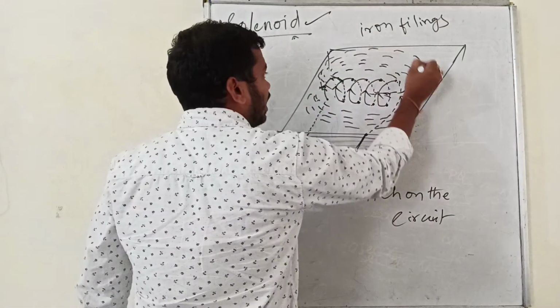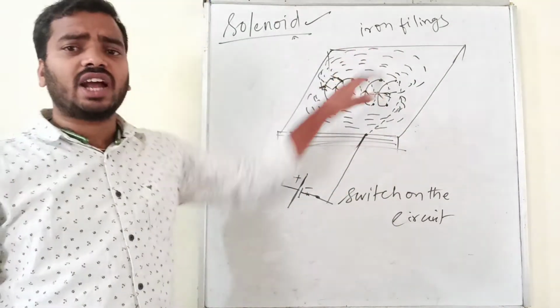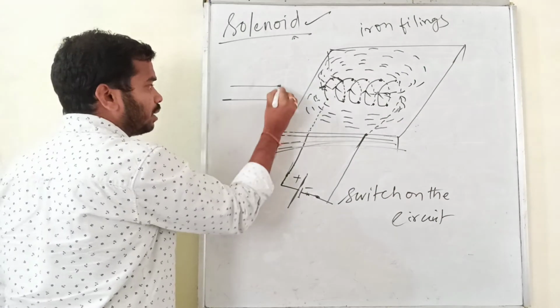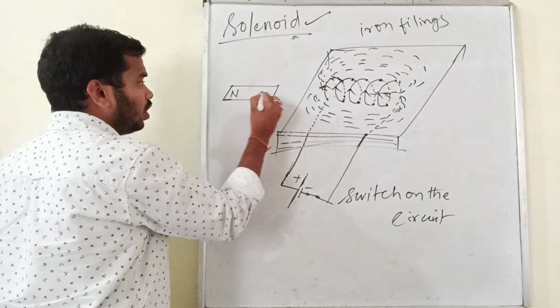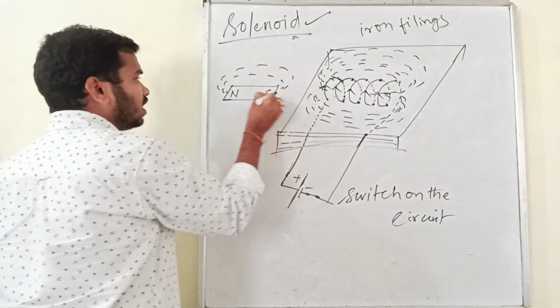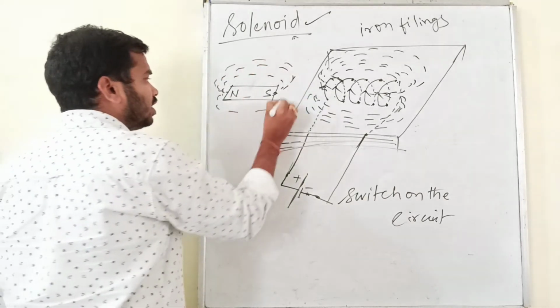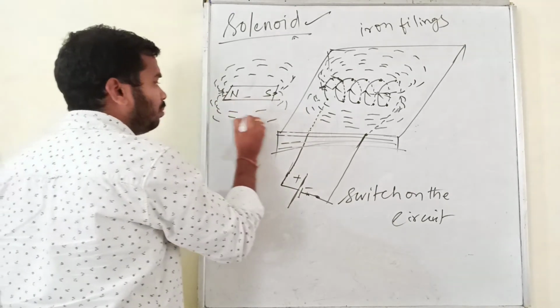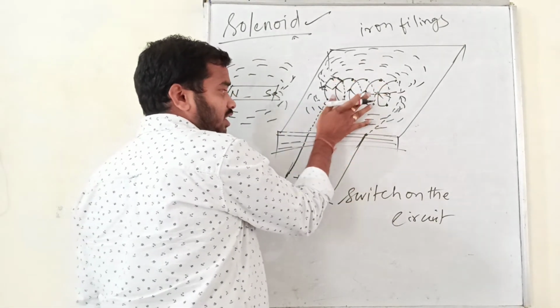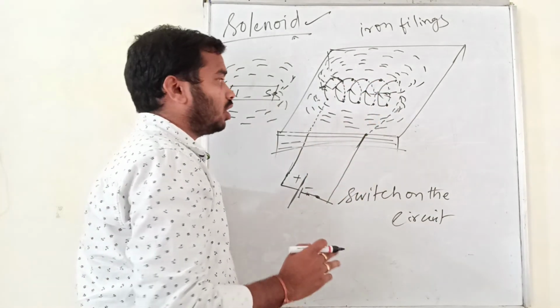Even in the case of a bar magnet, you can see this kind of arrangement. If you consider a bar magnet, with north pole and south pole, and drop iron filings, they would arrange themselves in a shape similar to the iron filings arrangement around the solenoid.